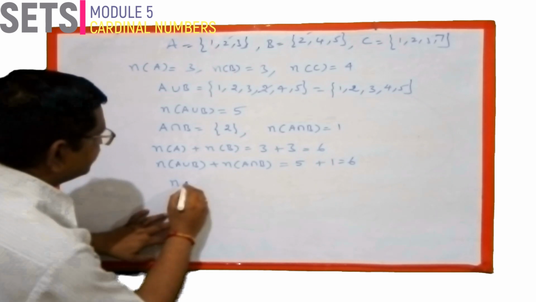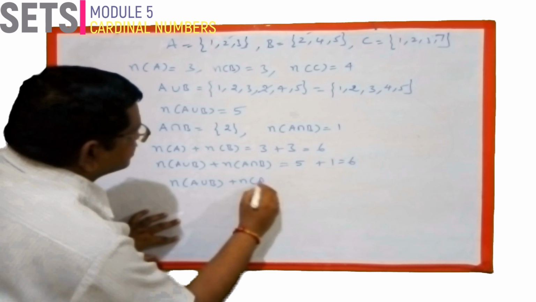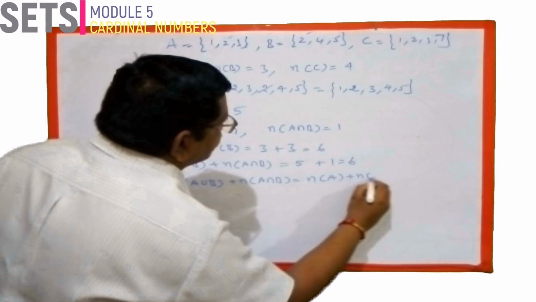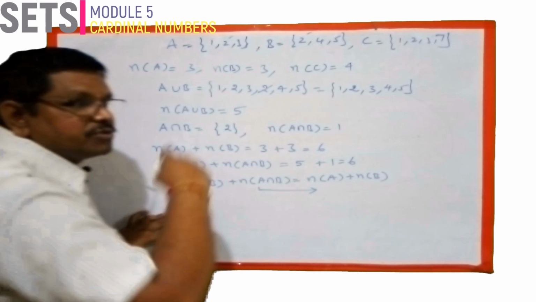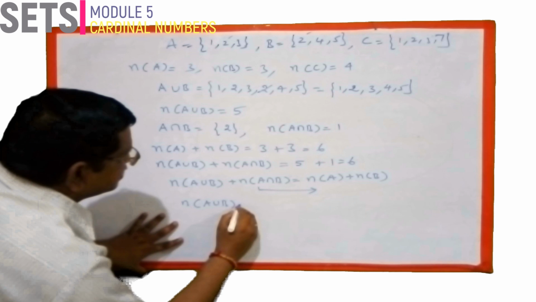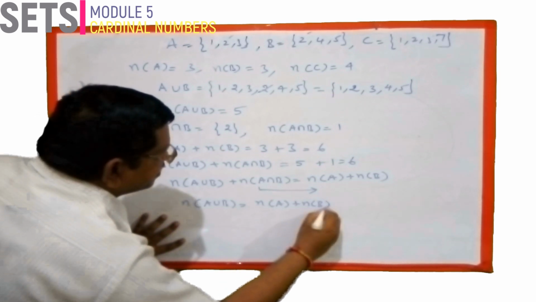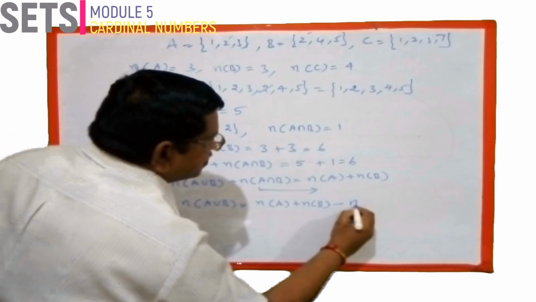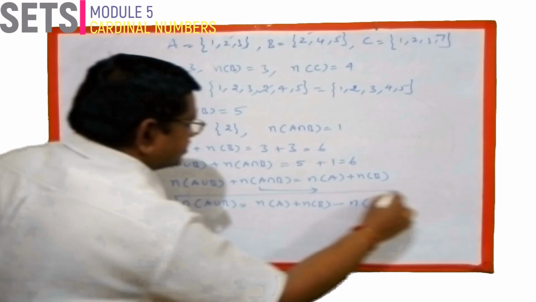Now we get a new result: n of A union B plus n of A intersection B is equal to n of A plus n of B. If we take n of A intersection B to the other side, we get n of A union B equals n of A plus n of B minus n of A intersection B. This is the first result.